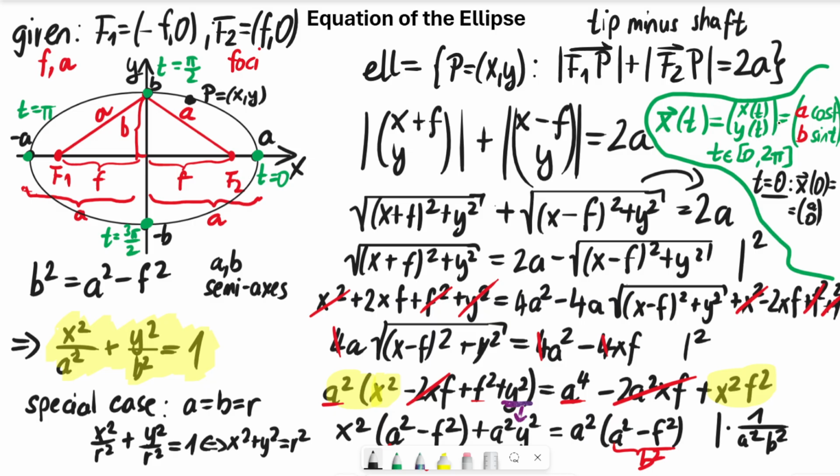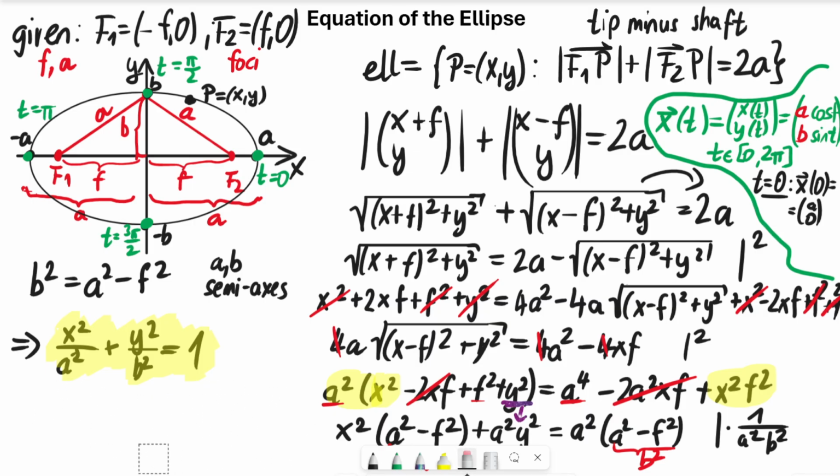The question is, why is this describing the ellipse? Is it really fulfilling the elliptic equation? And the answer for sure is yes, otherwise it wouldn't be here. So let me remove this special case here. So we actually now prove that our parametric representation fulfills this equation of the ellipse.